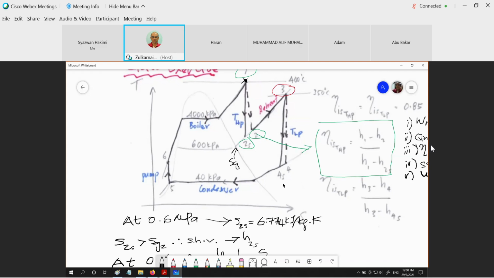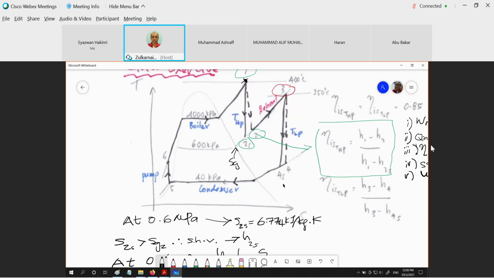If 4S is in superheated vapor, we are going to refer to the superheated vapor table. So are we going to assume H4S as mixture, or superheated vapor? Compare with the SG, sir. Yes, meaning SG. The next thing we could work on is to prove what is the state of 4S.